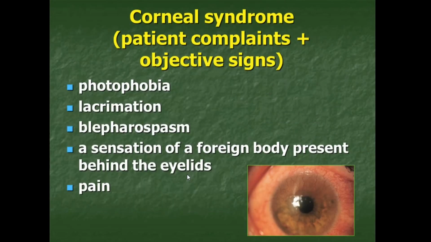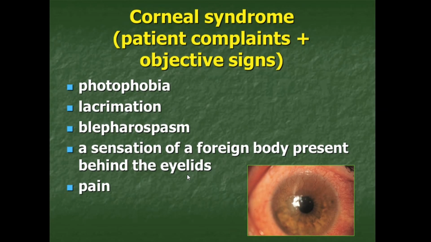Okay, we have already mentioned the objective signs of keratitis, and now we should speak about complaints of the patient. A patient usually complains of photophobia. Photophobia is when the patient can't see in the light. Lacrimation or tearing, blepharospasm when the patient can't open their eye, sensation of a foreign body, and pain.